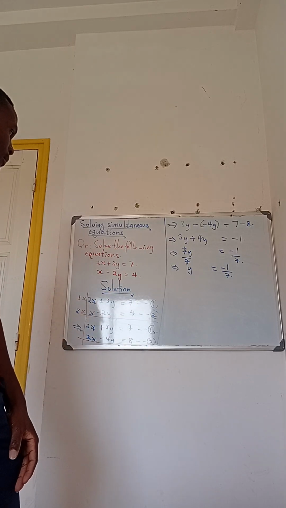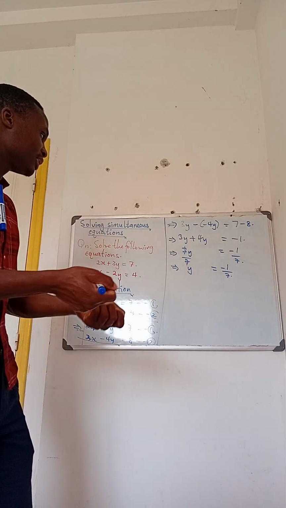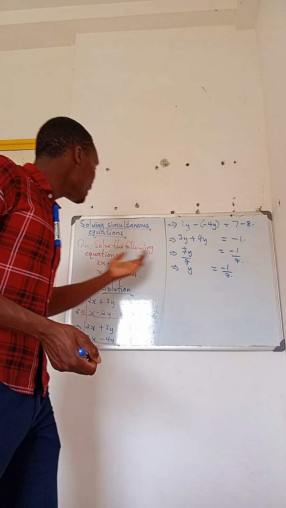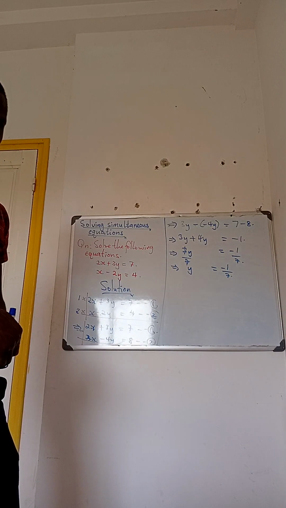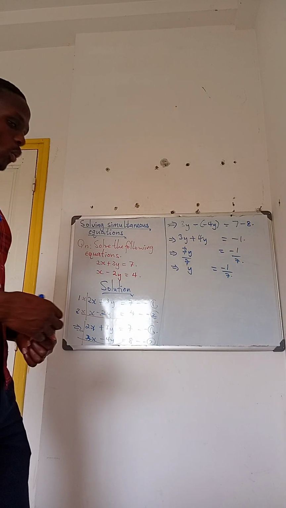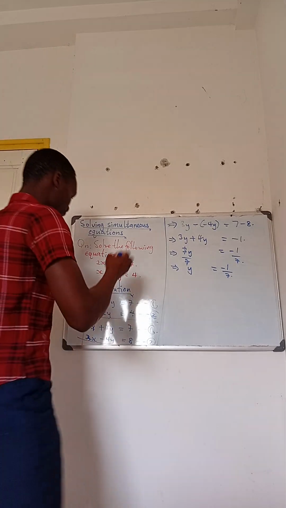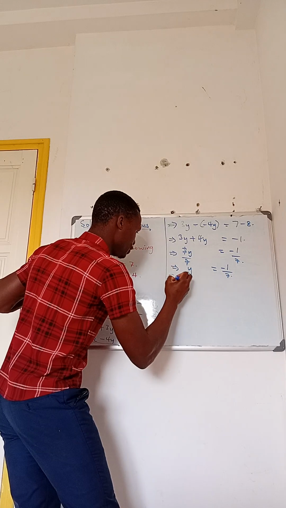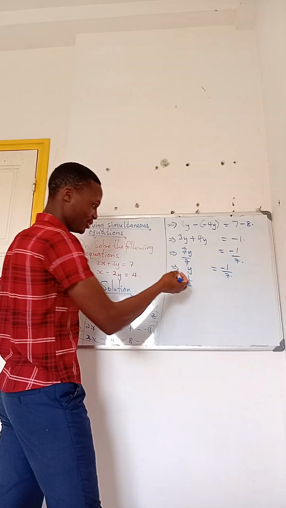Using any of the equations, you can just substitute this value of y in any of the equations so that you get the value of x. So usually we write a statement, substituting. So just write subst, our shortcut.